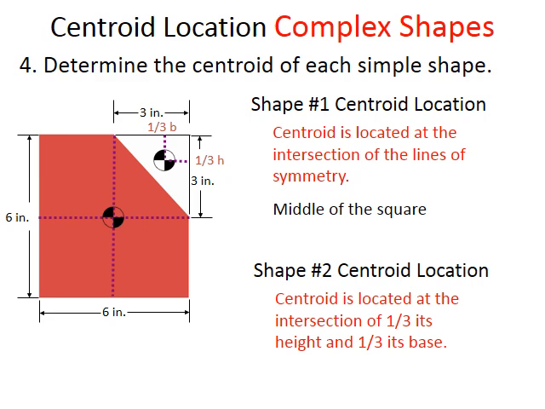The base is still referenced to the horizontal, and the height is still referenced to the vertical or the y-axis. Notice where we're measuring from. In this case, we're measuring from the upper right corner. That's where the right angle is. That's one of those gotcha moments here, so I want to make sure that you see that. We're measuring the distance of the centroid from the upper right corner.